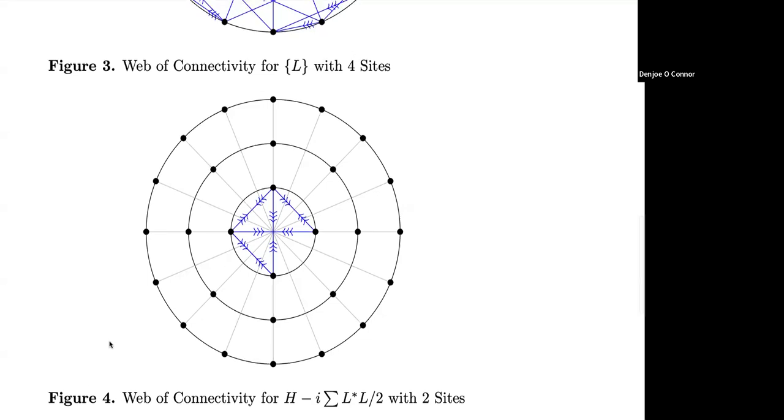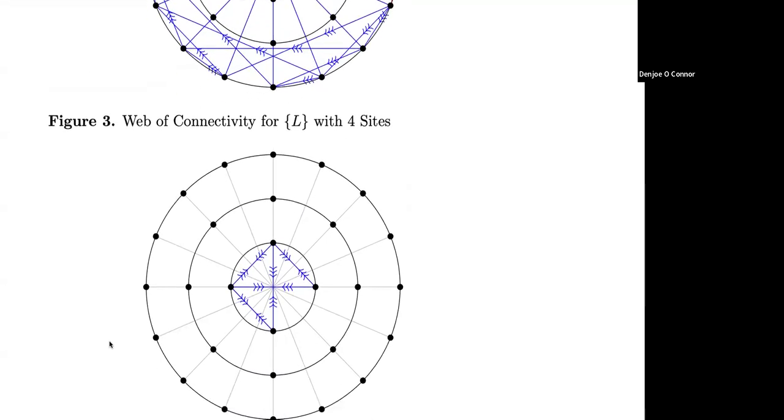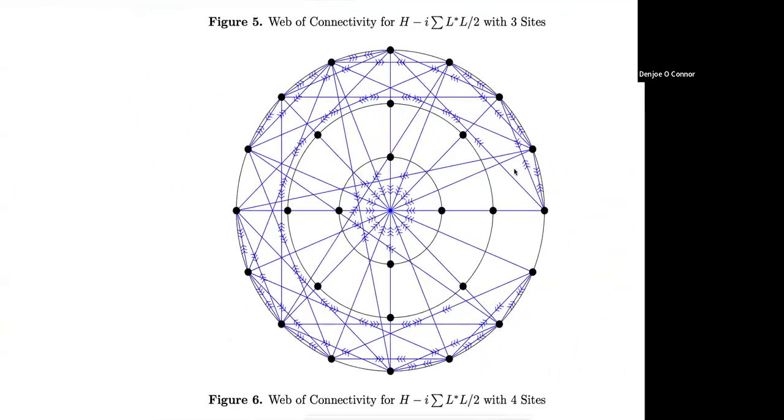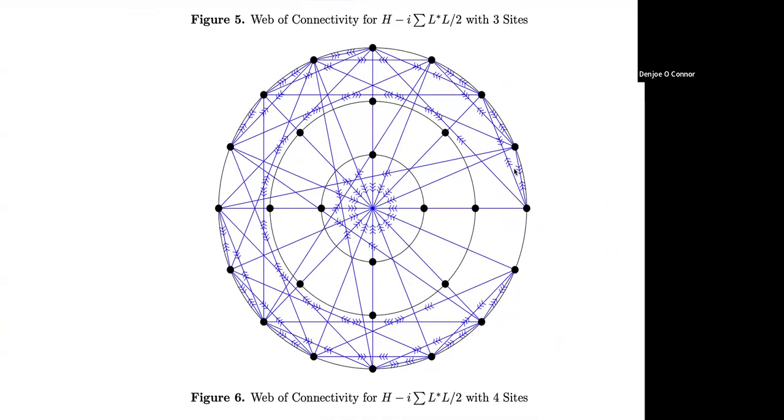But the point is, we do it for the Lindblad jumps and for the effective Hamiltonian, again for two sites, and then for higher sites, and you get higher and higher. You look at the connectivity pattern, but then you could say, well, wait a minute, you're always looking at finite numbers.